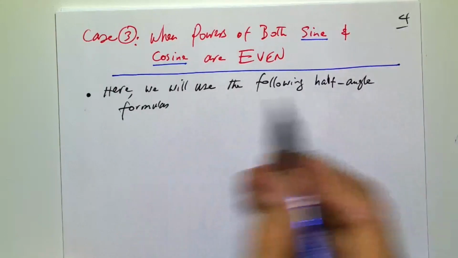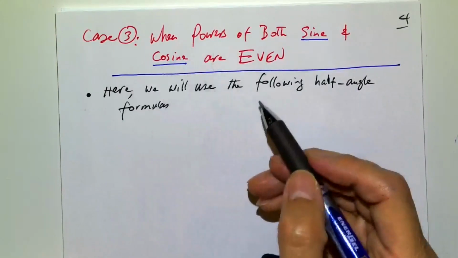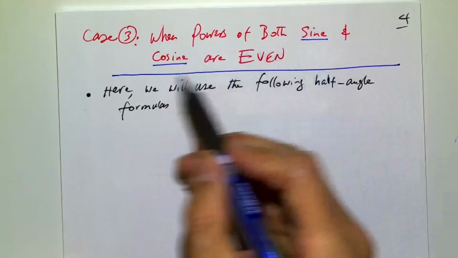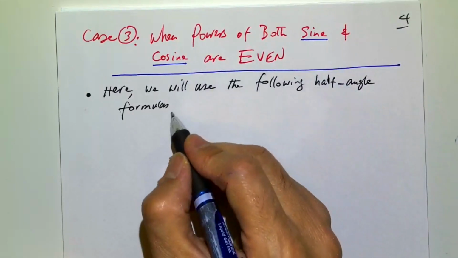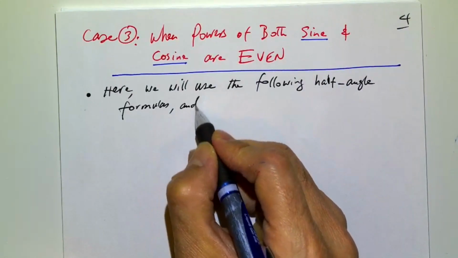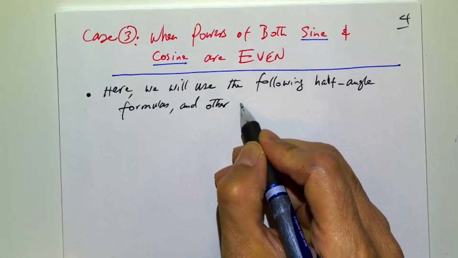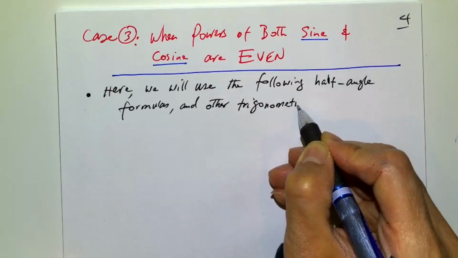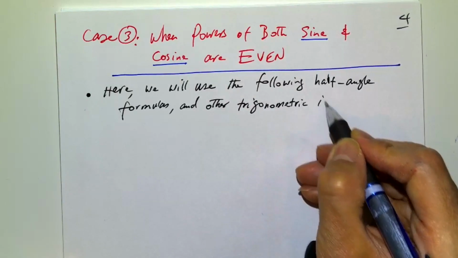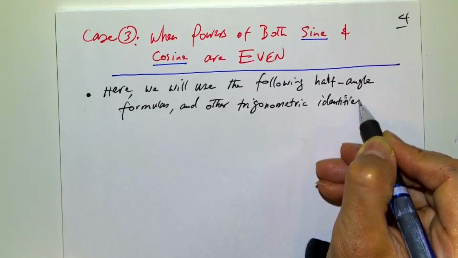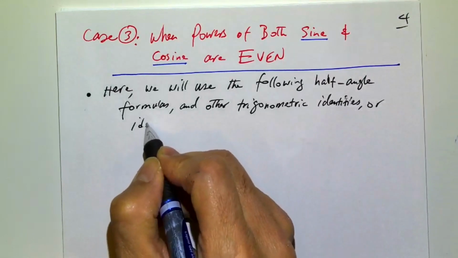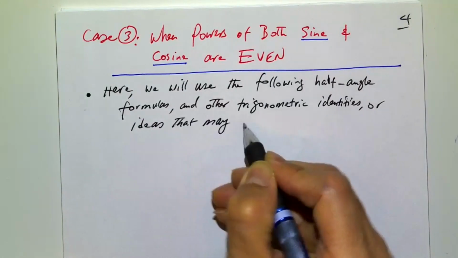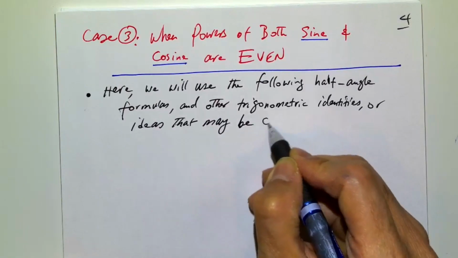So this is a crucial piece of the technique for integrating when the powers of both sine and cosine are even. But also, let me add other trigonometric identities or ideas that may be creative and helpful.